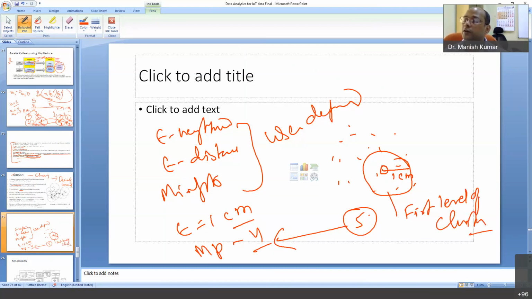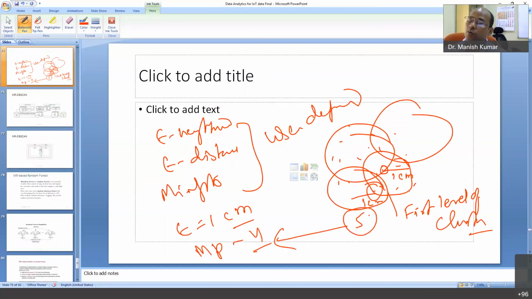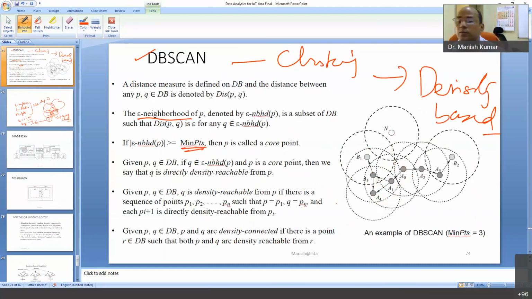Similarly, I can pick any boundary points and I can go for this 1 centimeter. And similarly, I am going like this and those. So what is shown out here is the same way. So this becomes your first level of clusters, then with this first level of cluster, then second level of cluster, second, third, fourth, fifth, sixth, and so on, you reach to here.